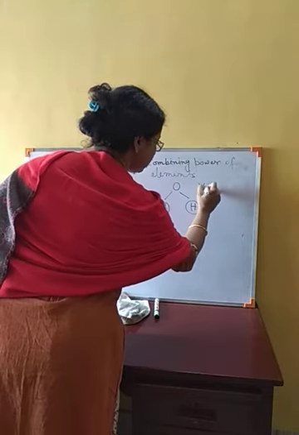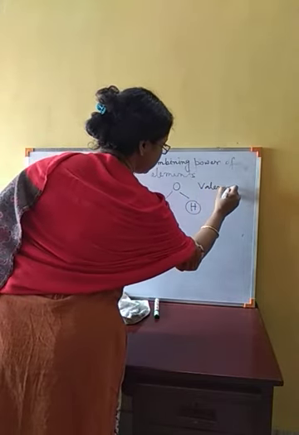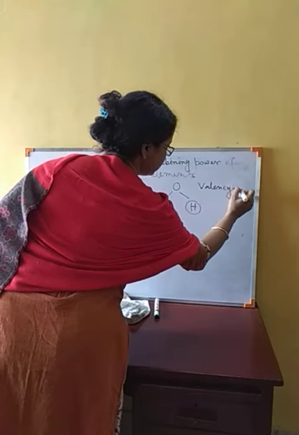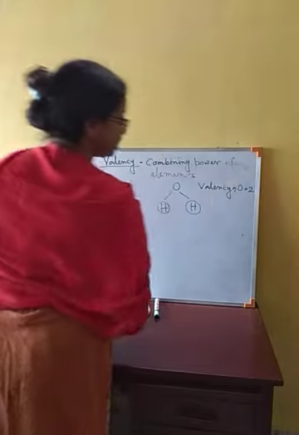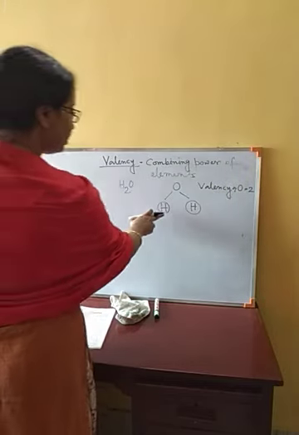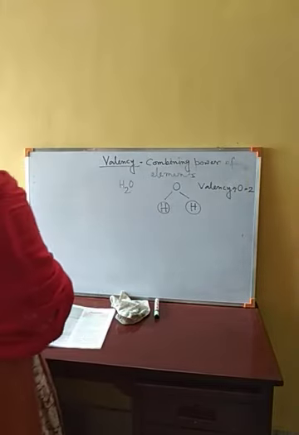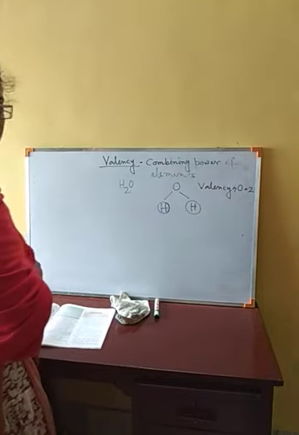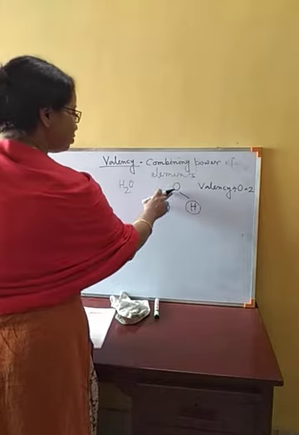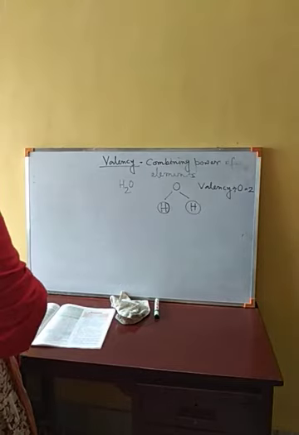So the valency of oxygen, we will take as 2. Okay, now in the same manner, one hydrogen atom is having one hand only. So with this one hand it can hold the hand of oxygen.